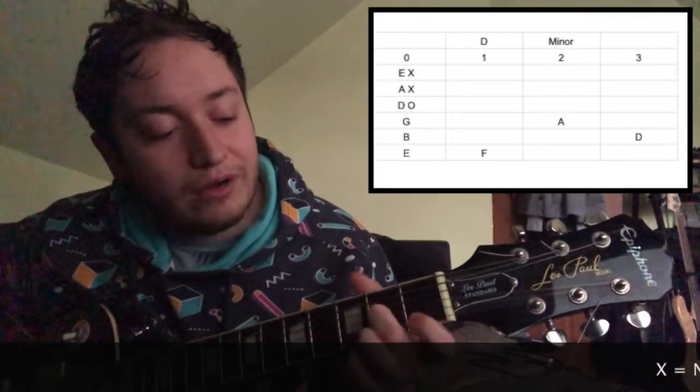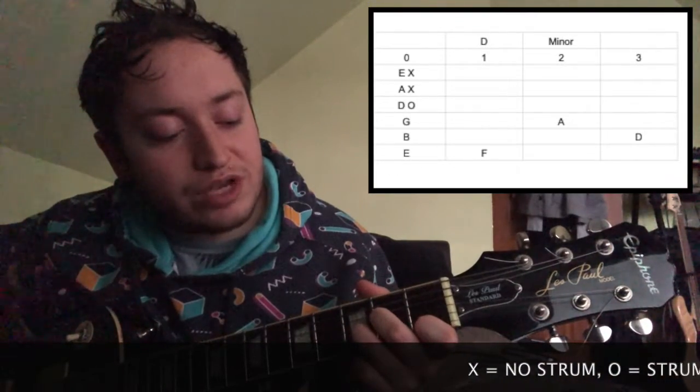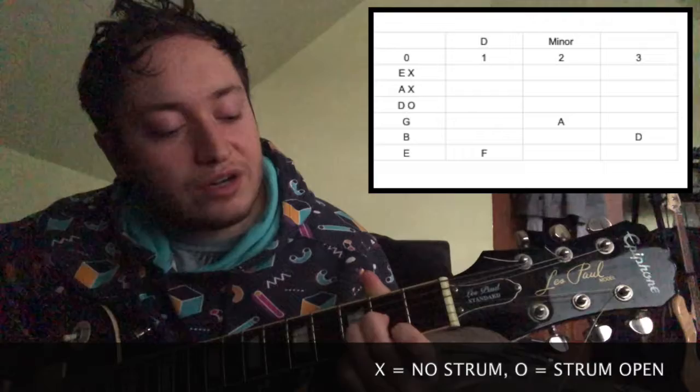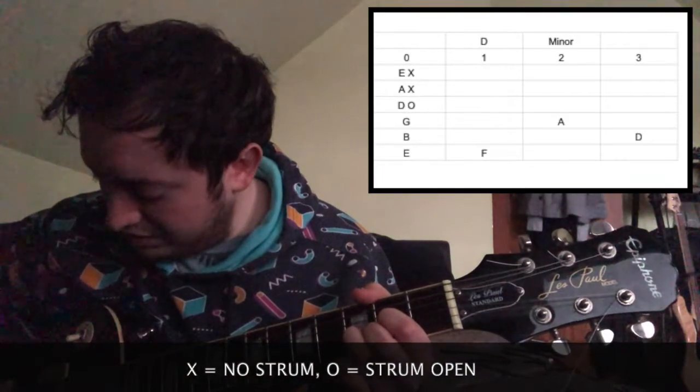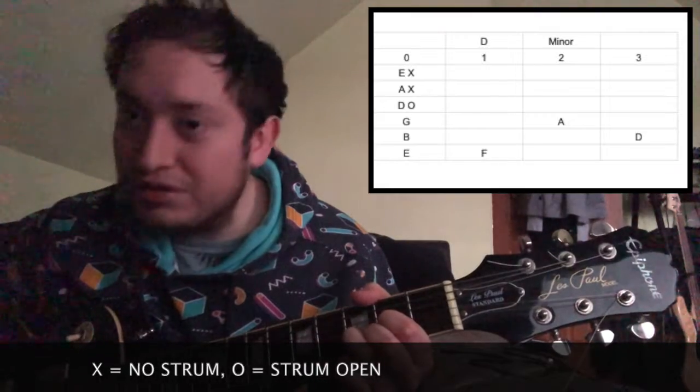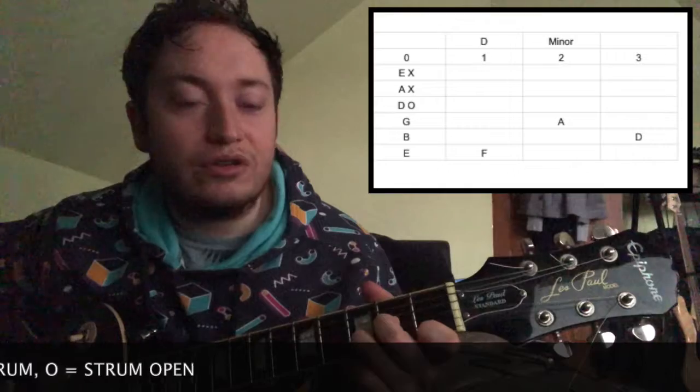And then for the D minor, you're just gonna move your fingers around a little bit. It's almost the same shape, but instead of having a 2 3 2, you've got a 2 3 1 for the D minor.